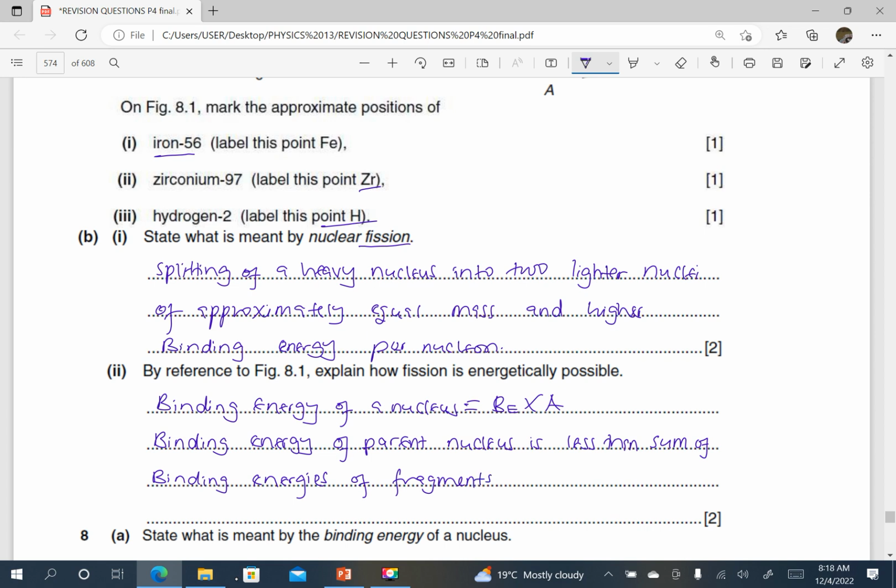Binding energy of the fragments, so fission can occur.